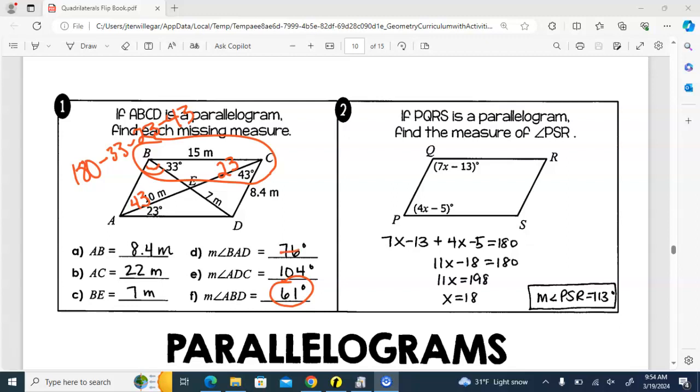I don't think these answers are right, unless it's copied down wrong. Based on this, that would have been 66 degrees. ADC would have been 180 minus 66. Now, if this is printed wrong, then that's fine. That would have been 114 degrees. Yeah, based on this picture, that's what would have been.